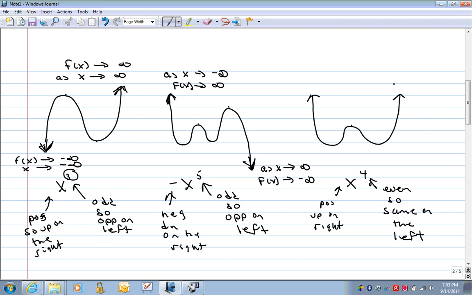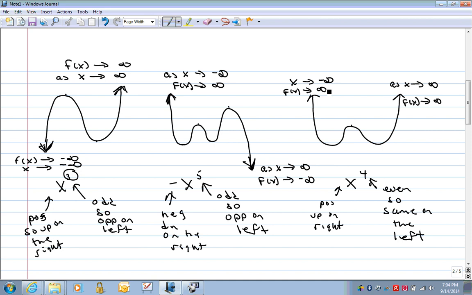As x approaches positive infinity, f of x is approaching positive infinity. And on the left side, as our x values move toward negative infinity, so as our x values get smaller, our f of x values are still getting larger. All right, that is end behavior and how we determine it.